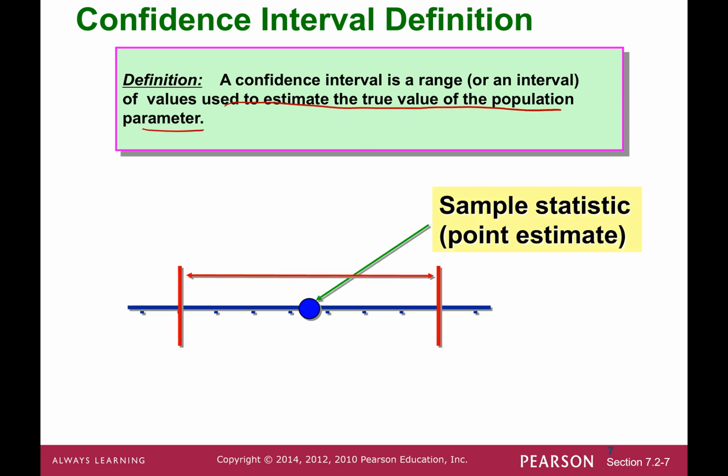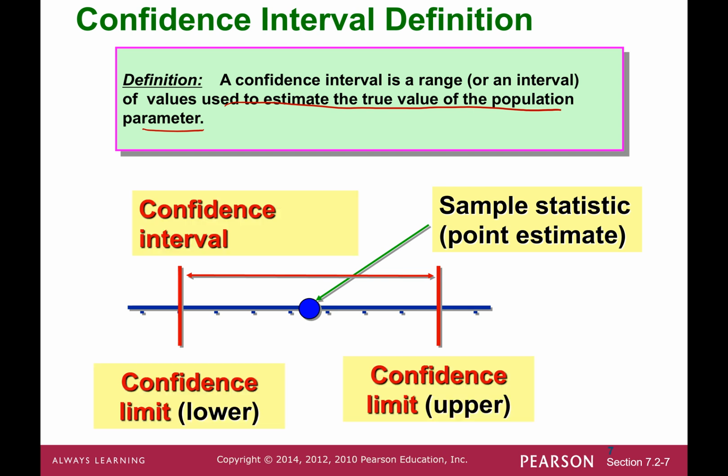The following graph shows you the relationship between the point estimate and the confidence interval. The point estimate gives a single value, and the confidence interval gives us an entire interval. The left bound is called the lower limit, the confidence lower limit. The other one is the upper limit on the right hand side.